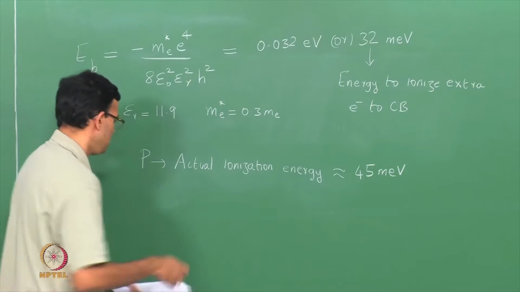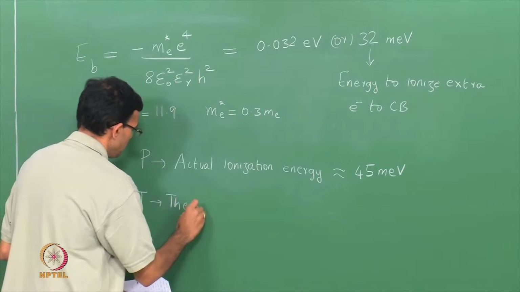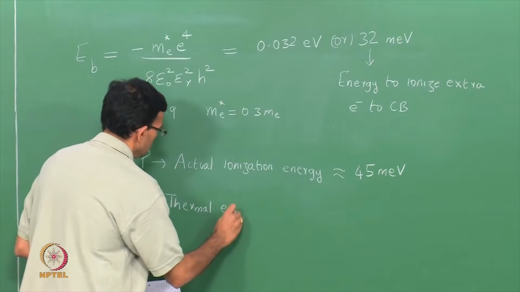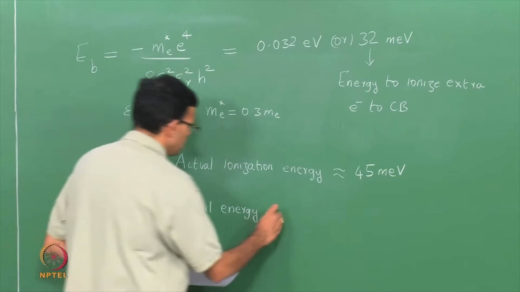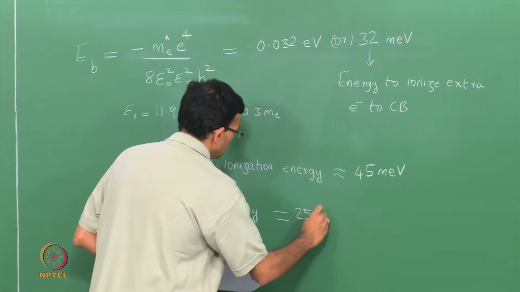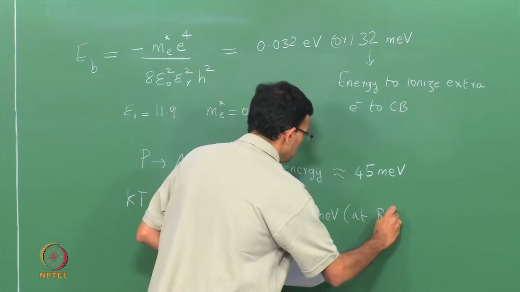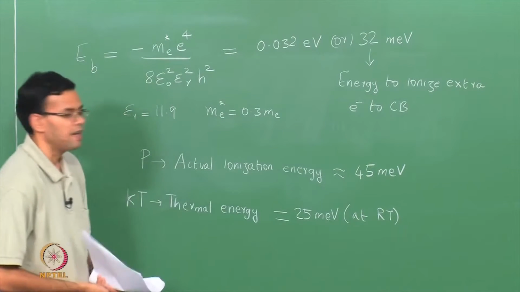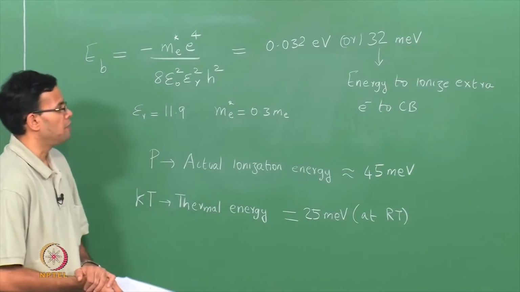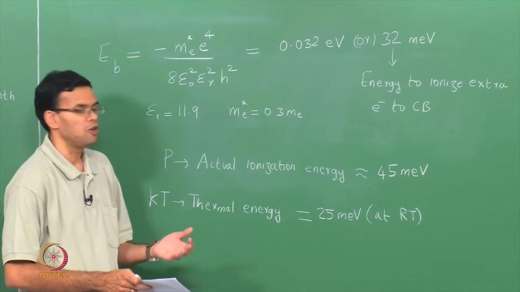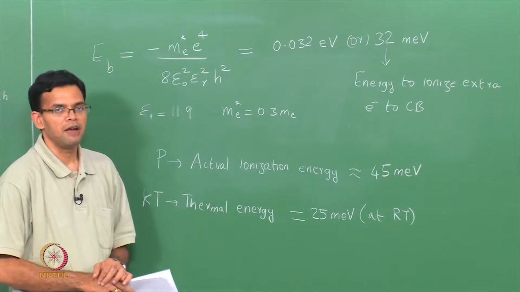Just for comparison, if you looked at the value of kT, which is the thermal energy, at room temperature kT has a value of 25 milli electron volts. So, the ionization energy is very close to the thermal energy, which means that at room temperature it is very easy to ionize these electrons and take them to the conduction band and make available for conduction.